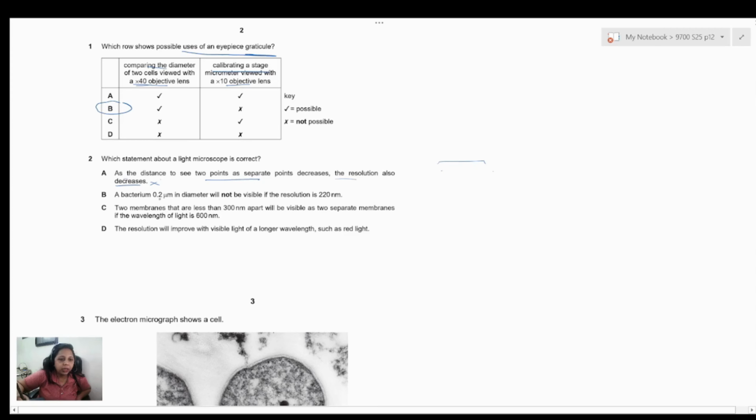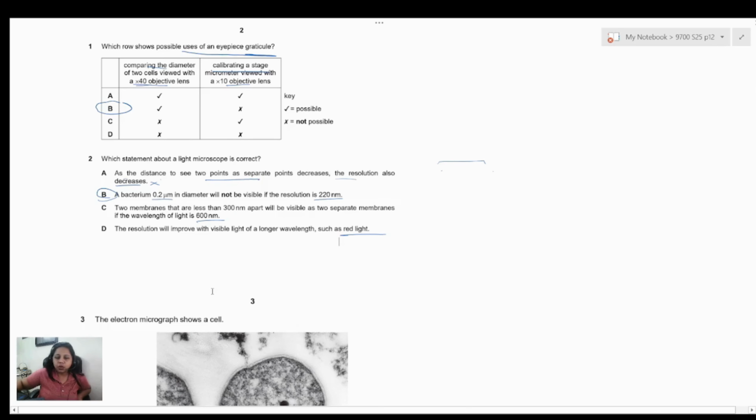Number two, a bacterium 0.2 micrometer in diameter will not be visible if the resolution is 220 nanometer. Yes, it cannot be viewed. Two membranes that are less than 300 nanometer apart will be visible as two membranes if the wavelength is this. No, this is not going to be correct. The resolution will improve with visible light of longer wavelengths such as red light. No, it has no effect.